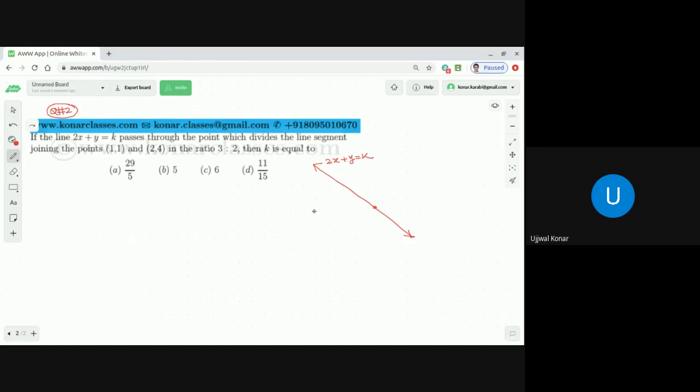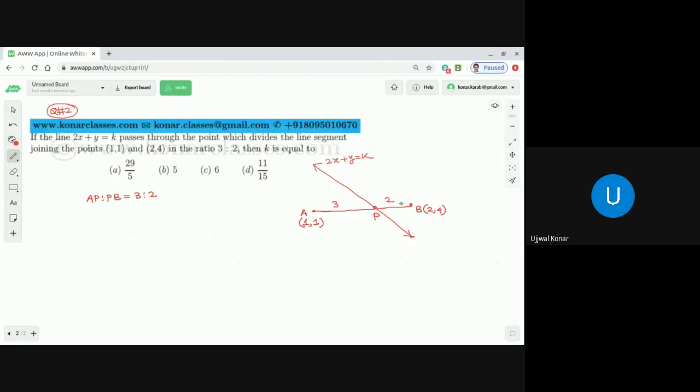Let's take this as (1, 1), that is point A, and the other point is B, that is (2, 4), in the ratio of 3:2. That means AP is to PB is equal to 3:2. Correct, dear students?